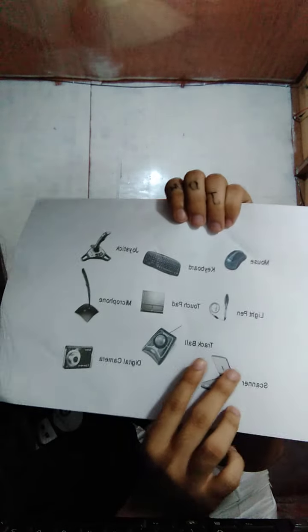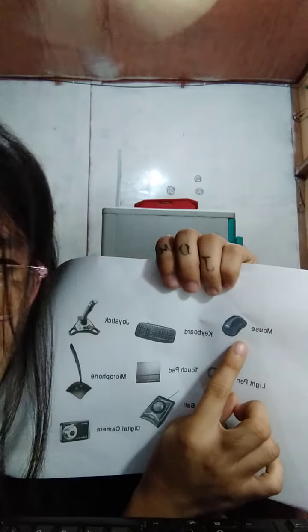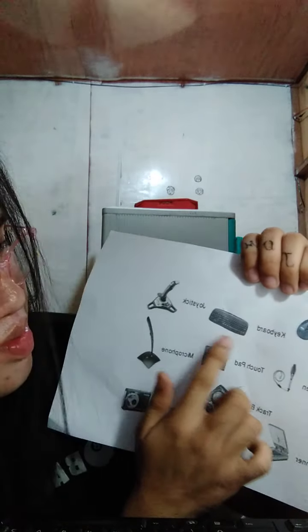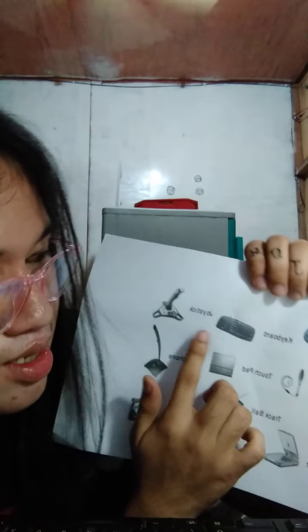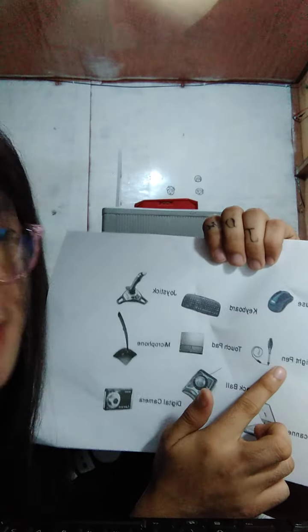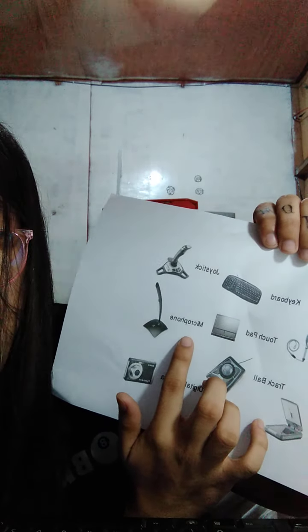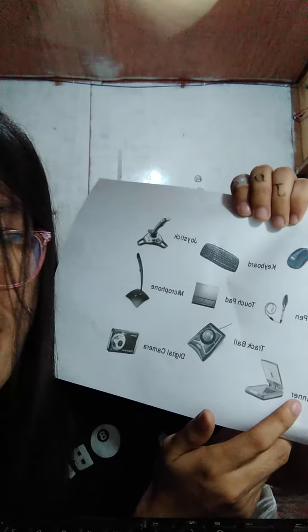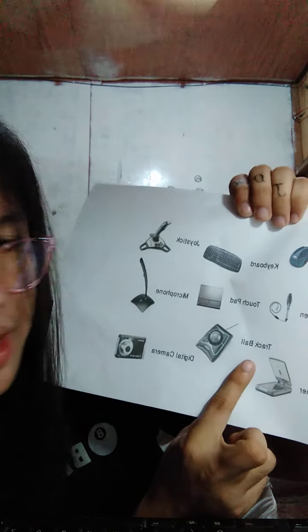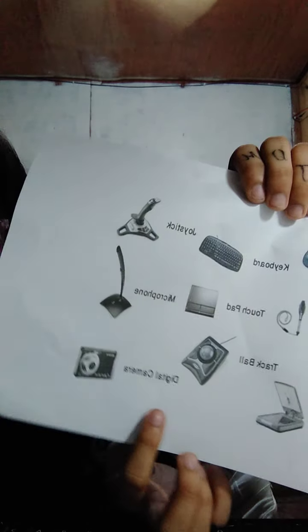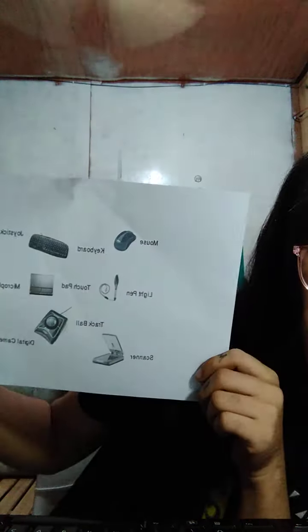First we have the mouse, a keyboard, a joystick, a light pen, a touchpad, a microphone, a scanner, a trackball, and a digital camera.